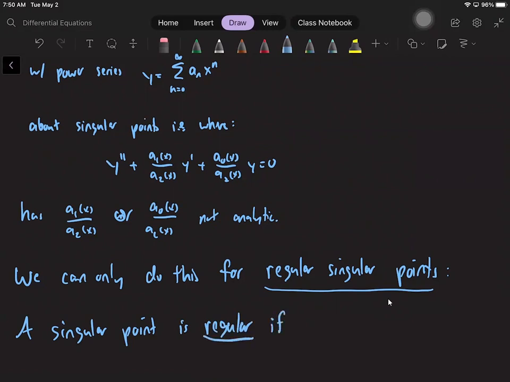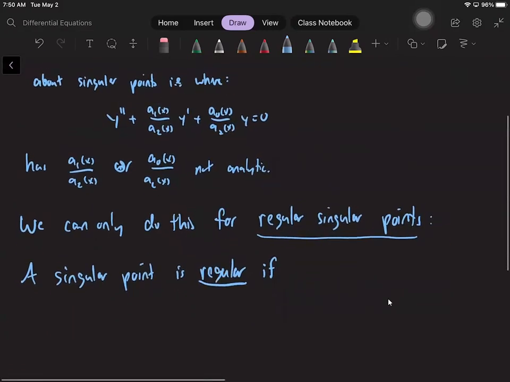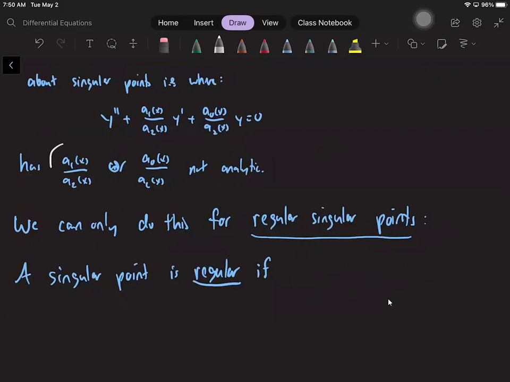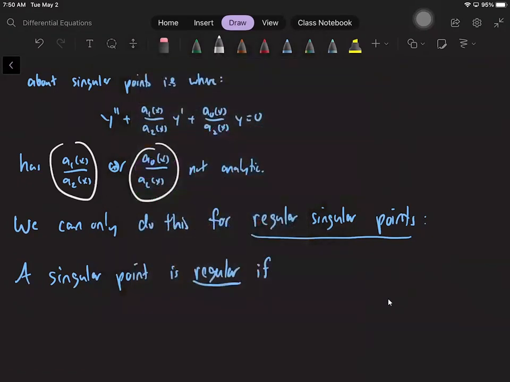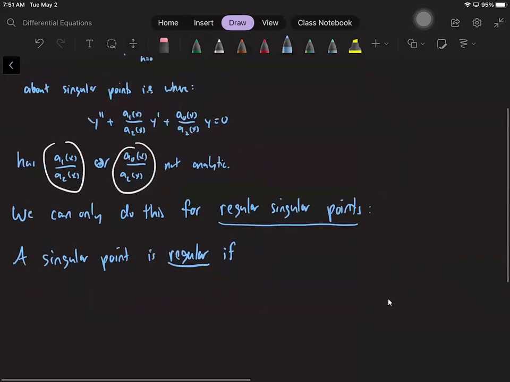if when I look at these two things, and I'll just rename these, I'll use some new names here. I'm going to call this little p of x. Sorry, I should name the singular point x naught.